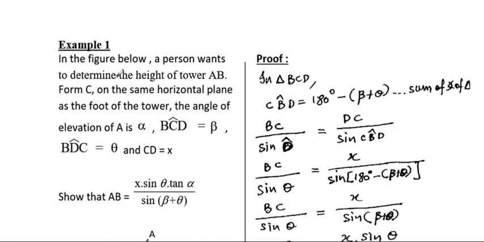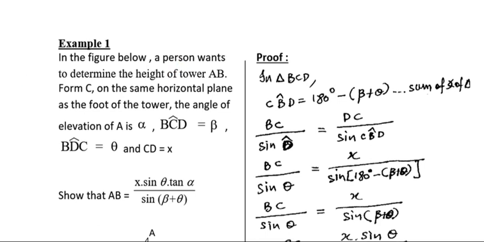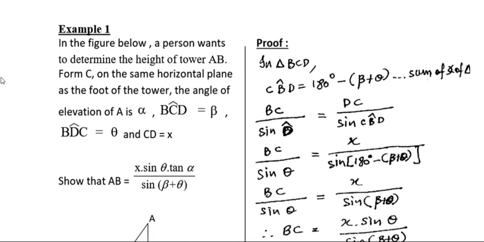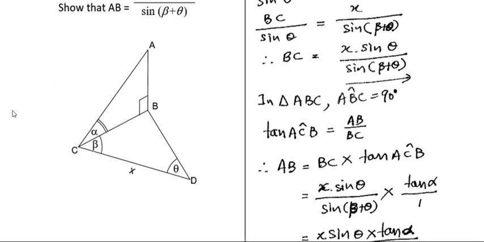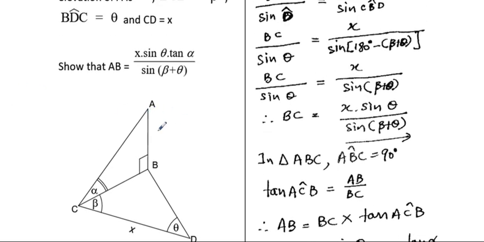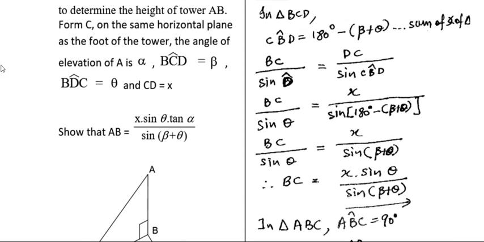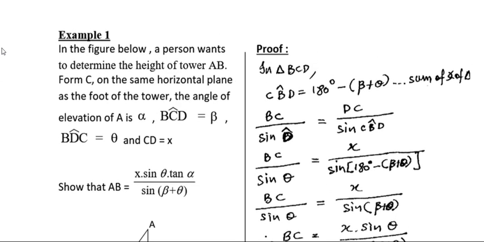So once again, in this diagram, this is in your notes. In this diagram, a person wants to determine the height of a tower AB. Let's look at the diagram. Okay, I get an idea where the height of the tower is. So that's the tower. It's in the right angle triangle ABC, and it's from C on the same horizontal plane as the foot of the tower.